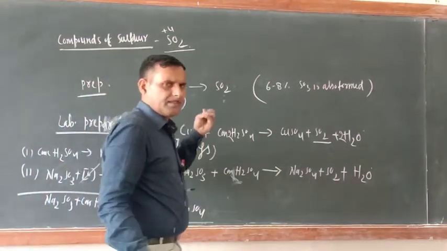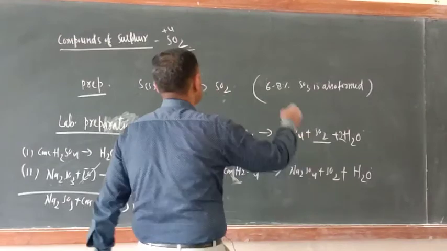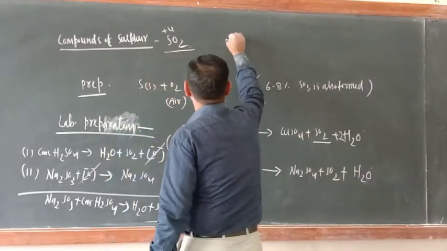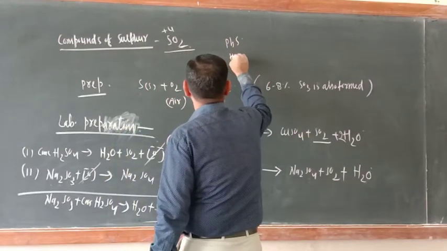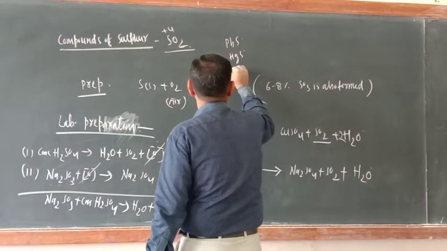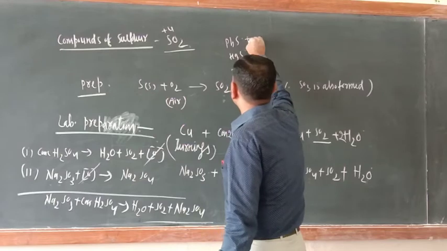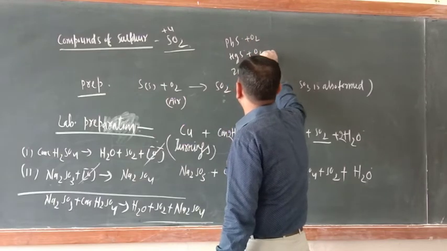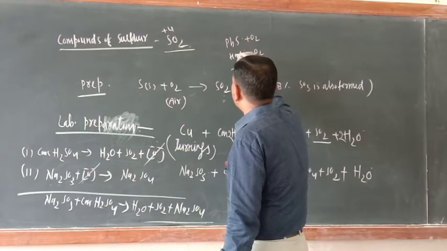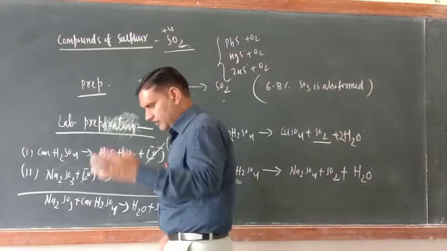There are some sulfides of heavy metals, like PbS, HgS, ZnS. These are heavy metal sulfides, also called sulfide ores.